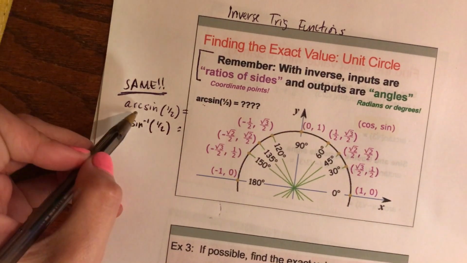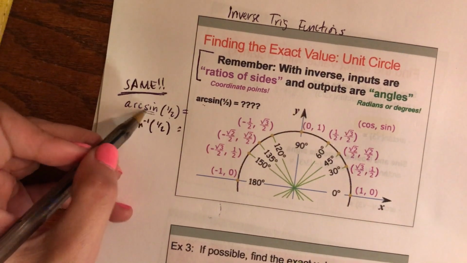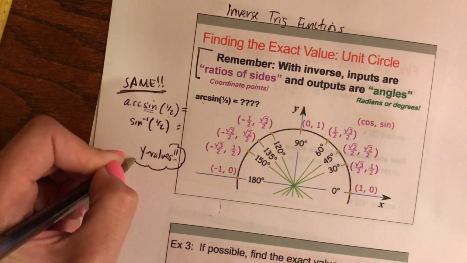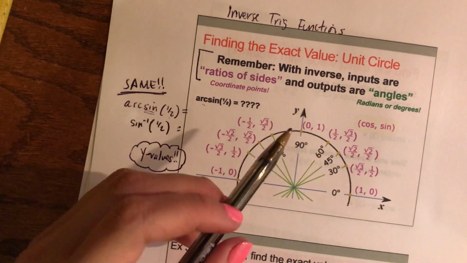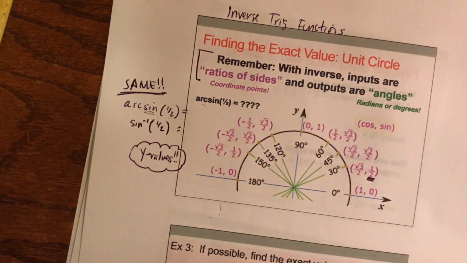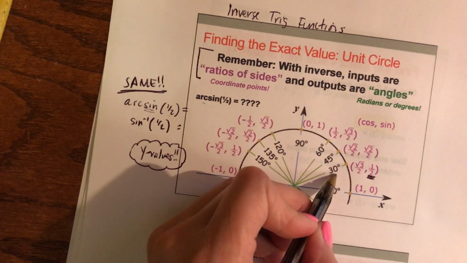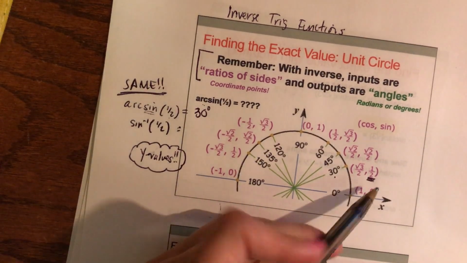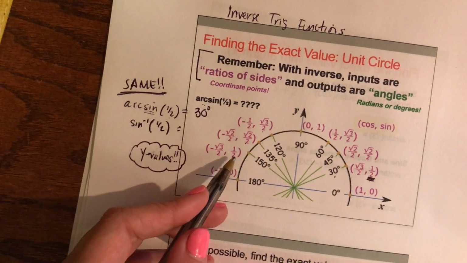Okay. So if I'm looking for arc sine of 1/2, I'm looking for sine, right? So I'm looking at the y values. Okay. And I'm looking for a y value of 1/2. Okay, well, here are the y values. What angle is associated with that 1/2? 30 degrees. Okay, that's one of our answers. Now keep looking. There it is.